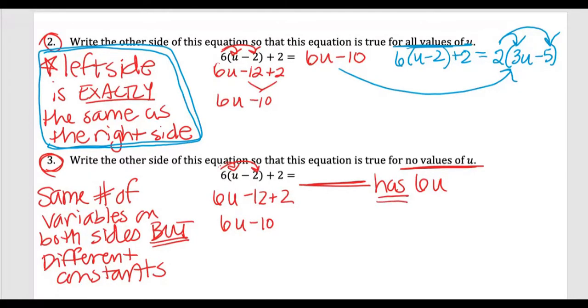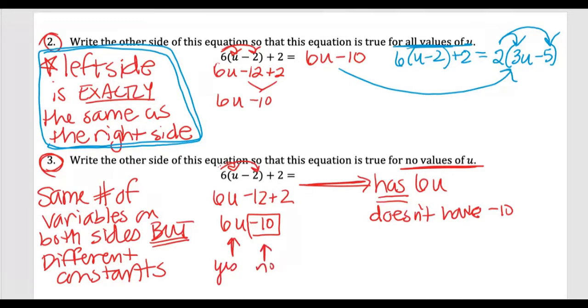So I need to make sure it has 6 u's, but doesn't have minus 10. So it has to have 6 u's, but cannot have a negative 10. Right? I need a different number of constants. I need a different just plain number.